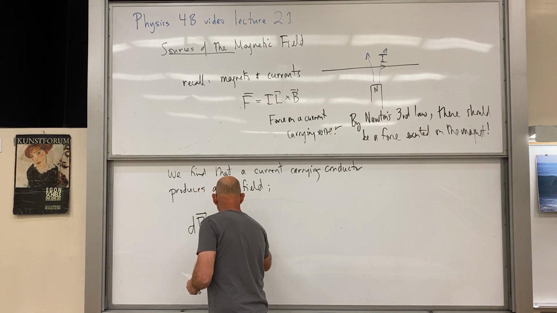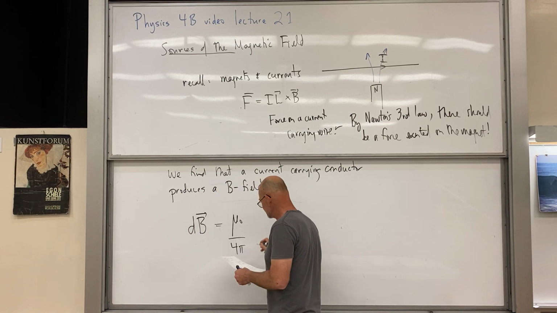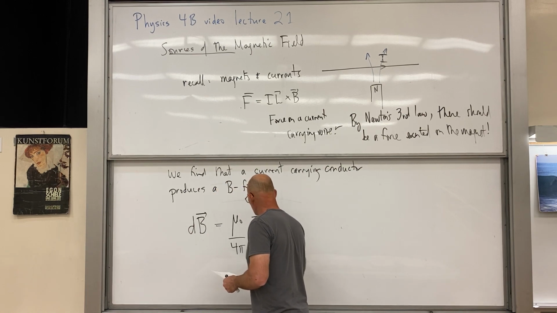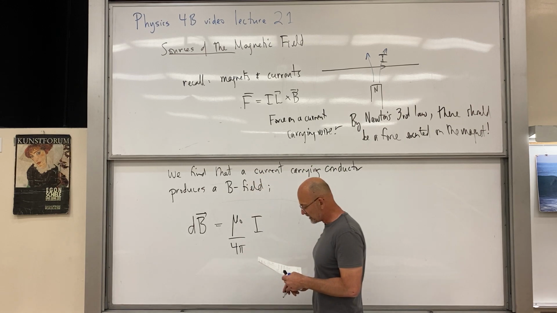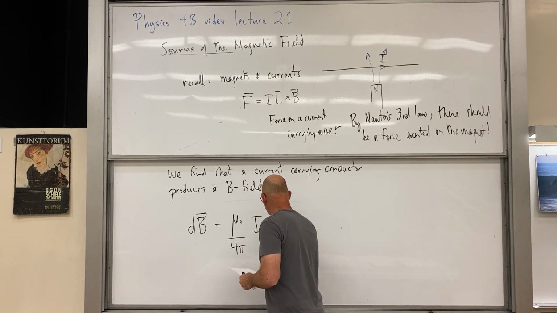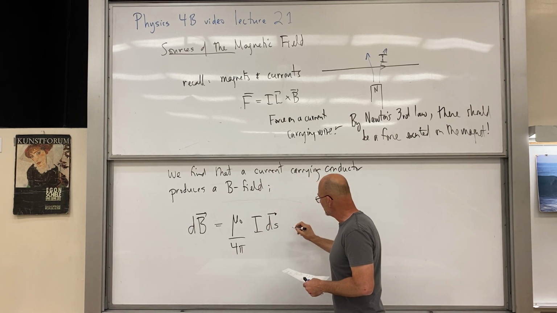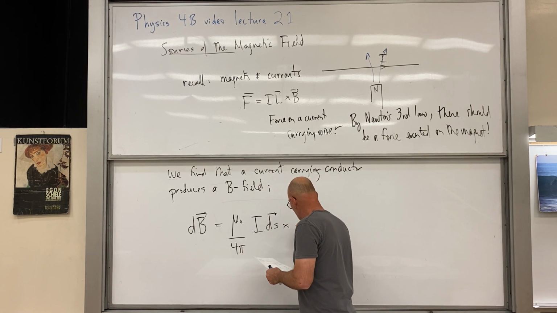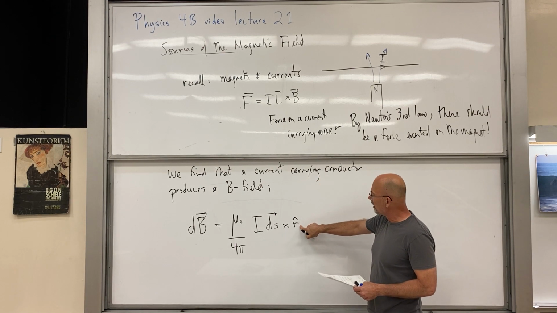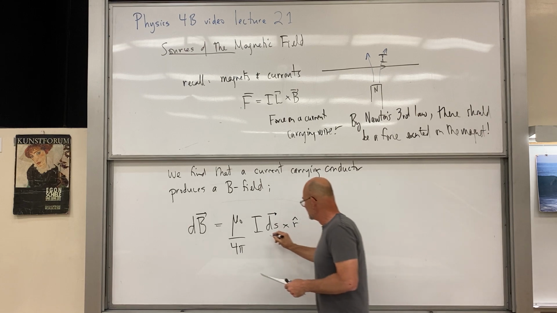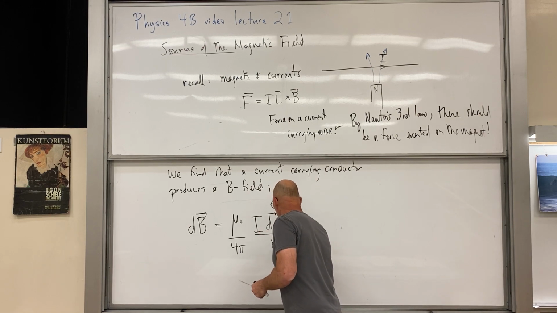Mu naught divided by 4 pi times R. So those are just constants, and I'll discuss them presently. I ds, so a vector infinitesimal element crossed into a unit vector that points to R, I'll draw this, divided by R squared.